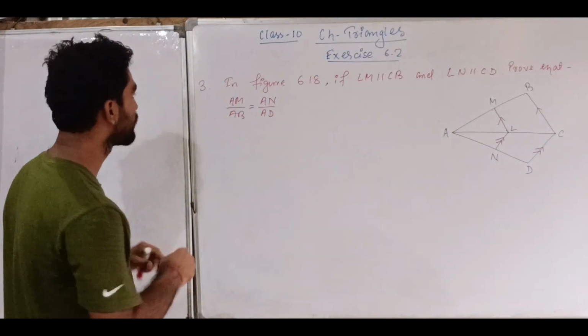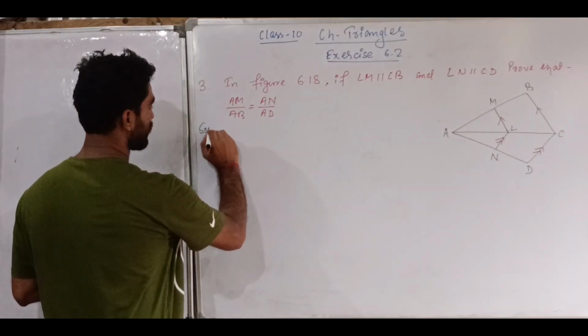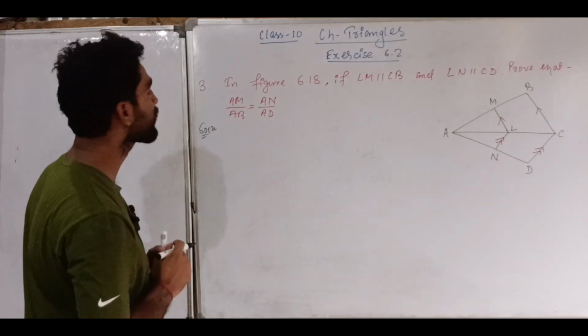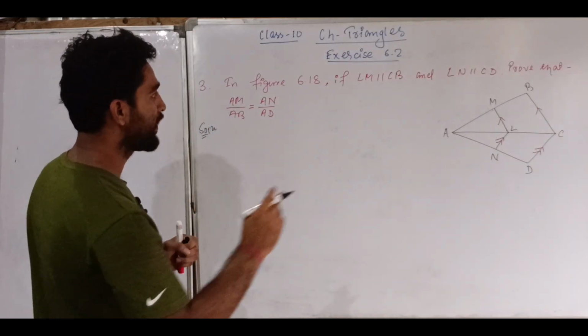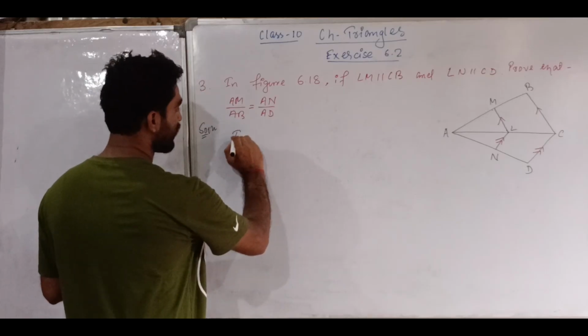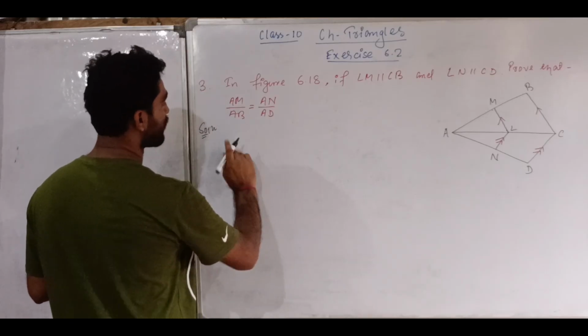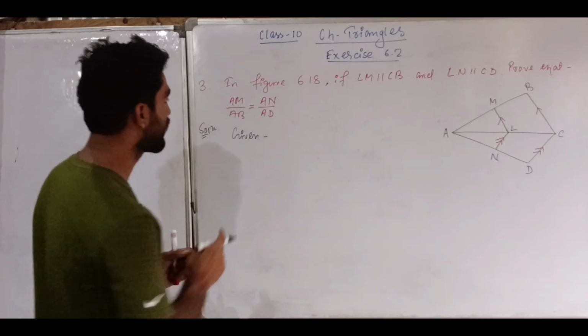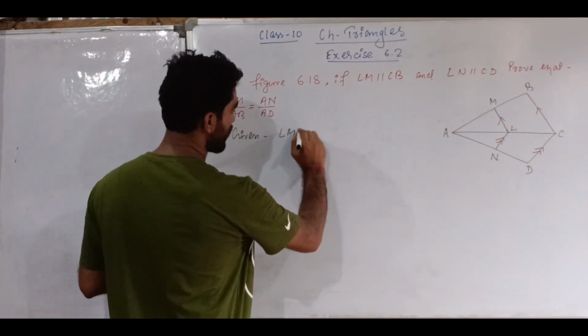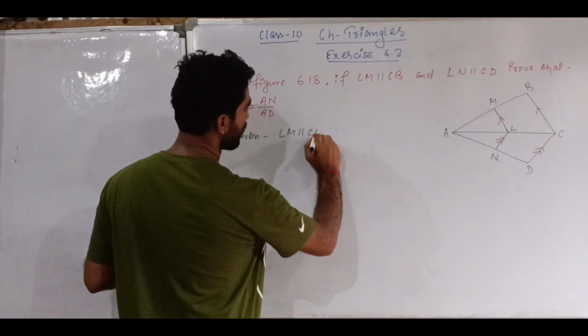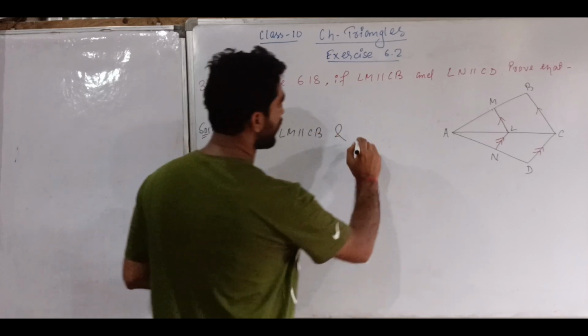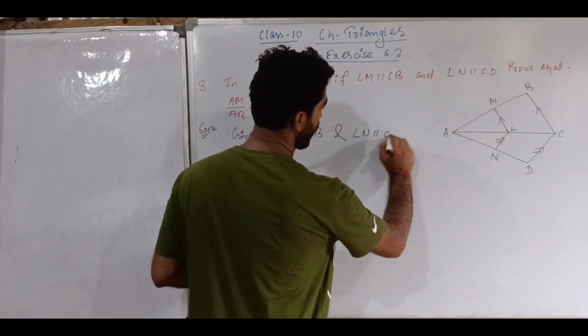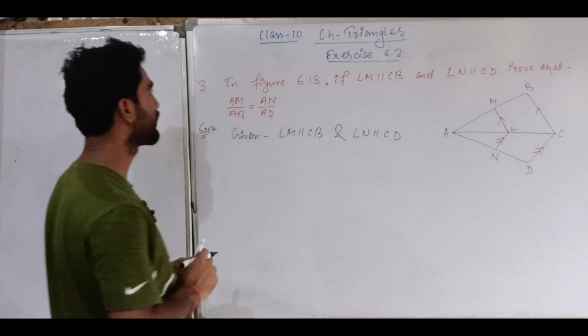So let's see. Here, first we have to write given. So what is given? The first information given is LM parallel to CB and LN parallel to CD.